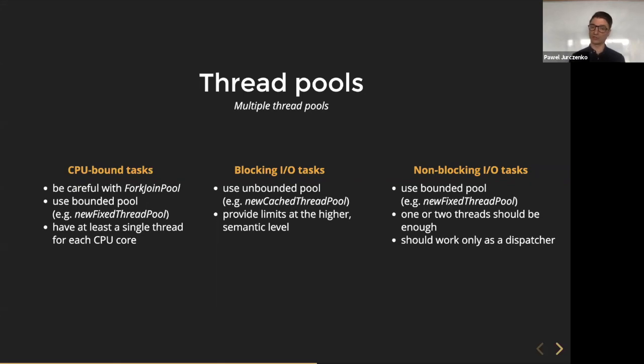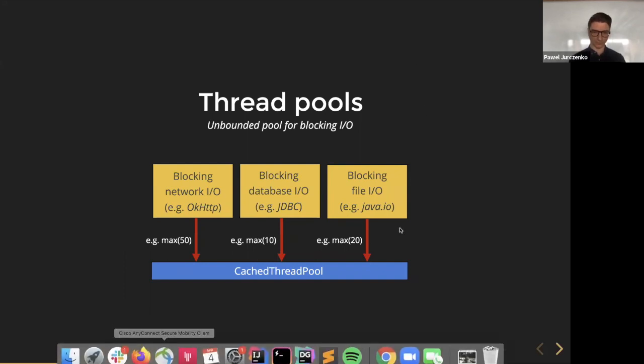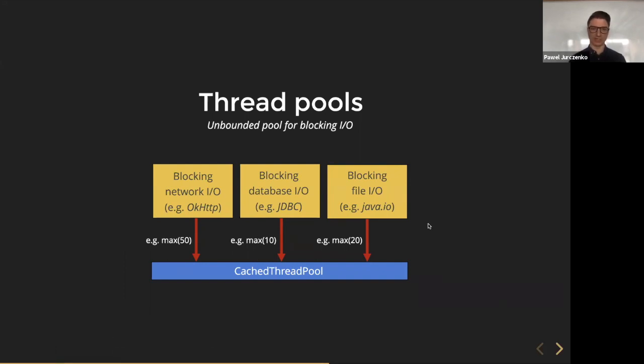And I would like to show you an example of using the unbounded pool in the blocking I/O scenario. Okay, so let's assume that we have 3 different types of blocking I/O operations in our system. The first one is blocking network calls. The second one is blocking database calls.